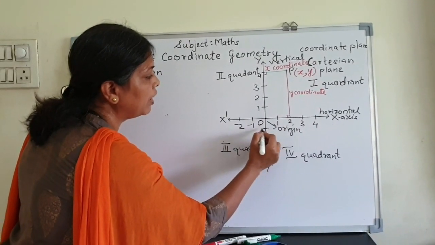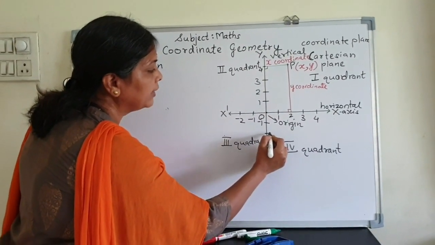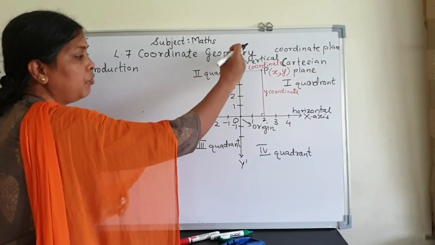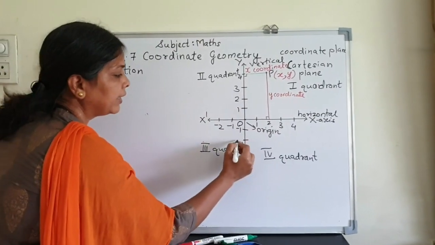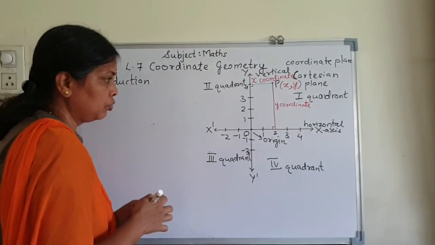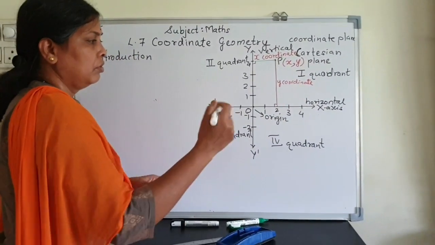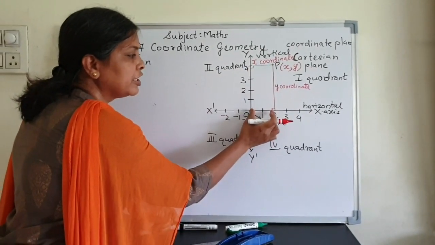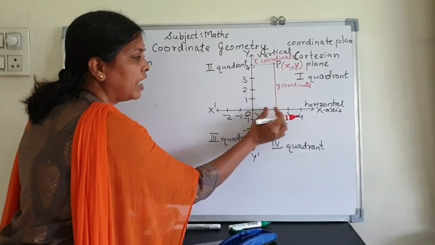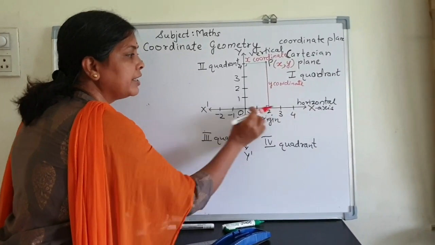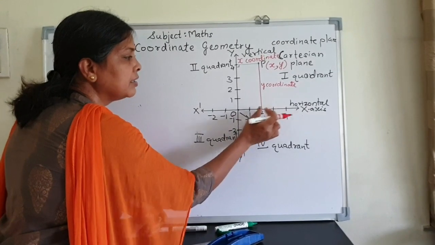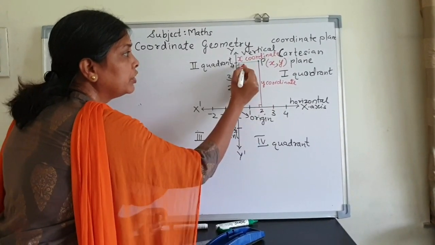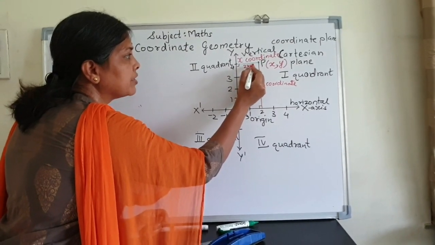These are the equal units we have to take on either side of the x-axis and y-axis, above origin, below origin, and then we get here -2. So now you can see that the horizontal distance is this much, 2 units, because we have divided this x-axis into equal parts. This is 1 unit, 2 units, so this means this is 2 units distance.